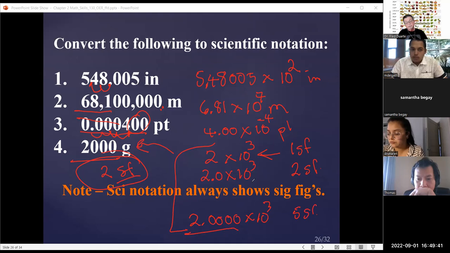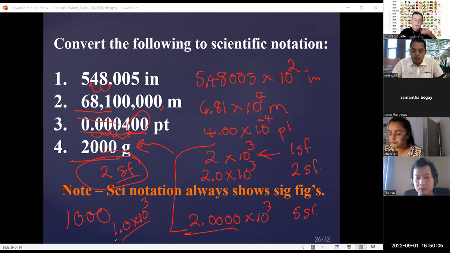Okay. And sometimes you can be asked questions like, write 1,000 with 2 sig figs. No, I can't do it like that. I have to convert that to scientific notation. And that is the number 1000 written with 2 sig figs.